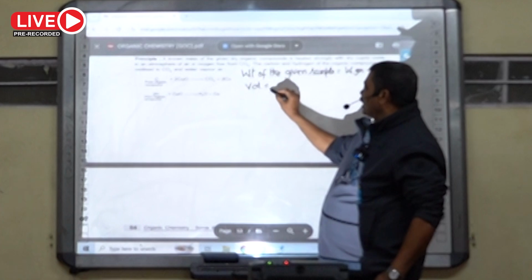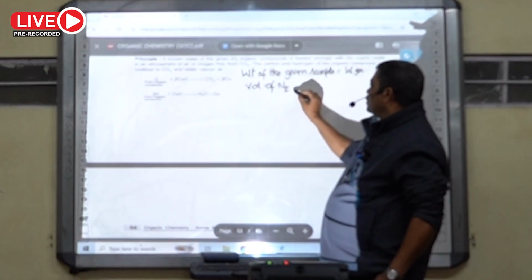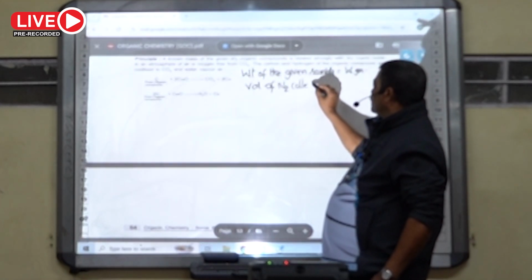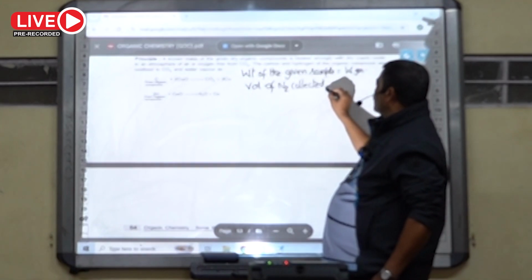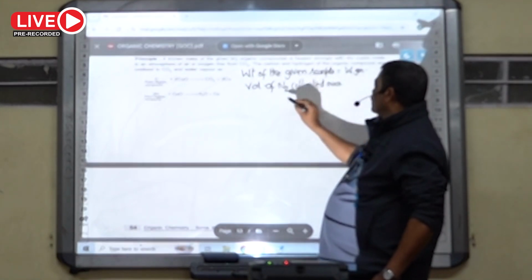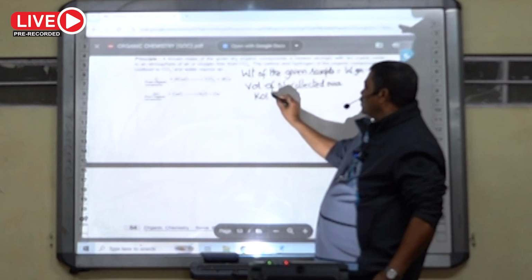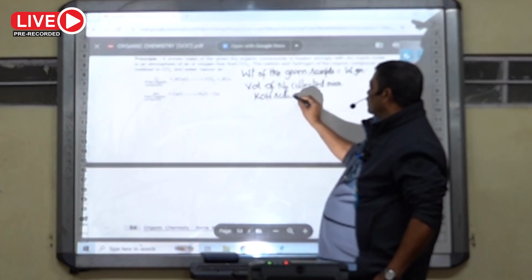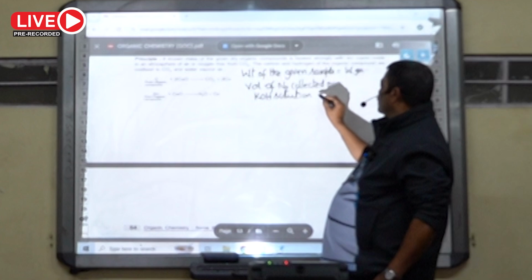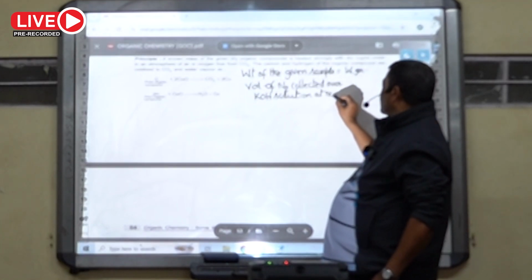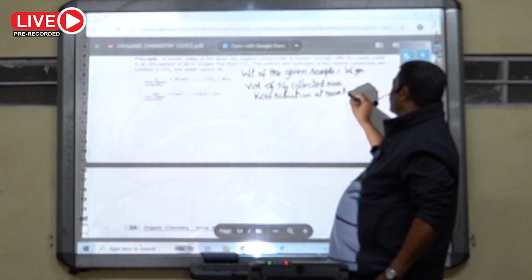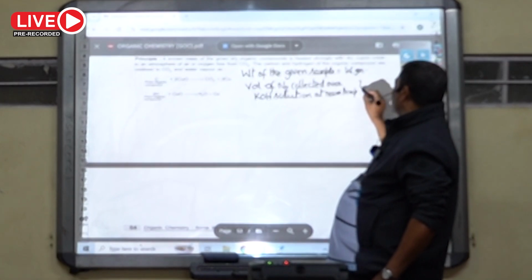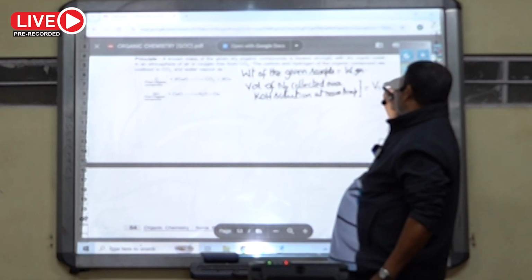Volume of N2 collected over KOH solution at room temperature is equal to V1 ml.